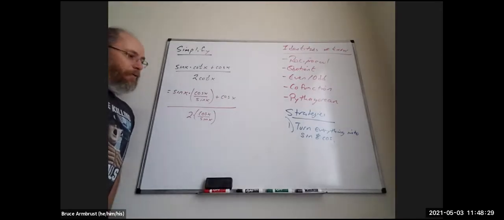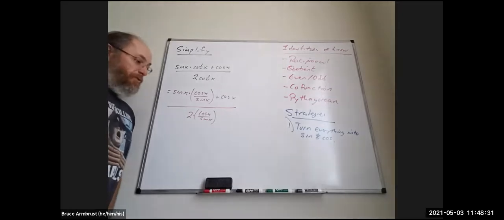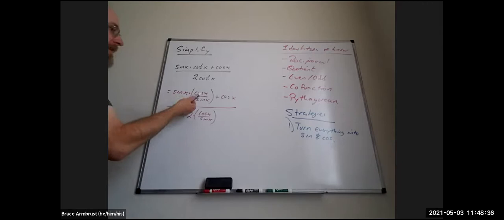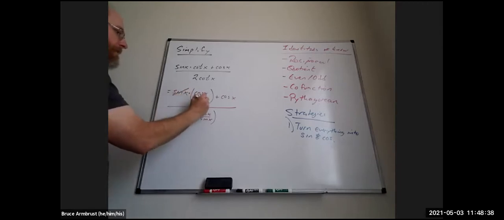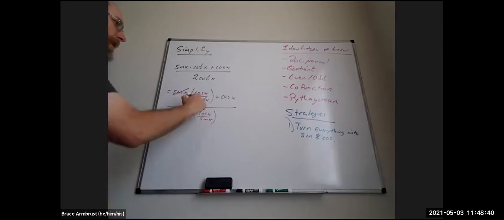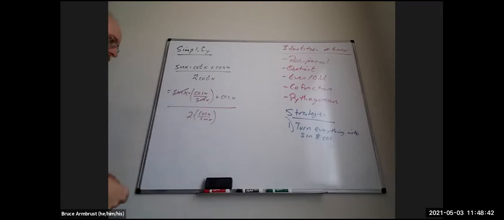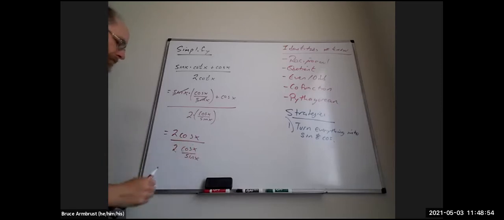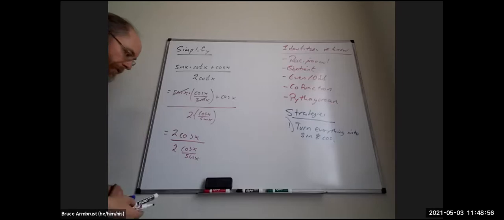All right, now we're going to be able to do some simplifying. Notice first here, I've got a sine divided by a sine, so those are going to cancel. So I've got cosine plus cosine, which is 2 cosine of x. On the bottom, I've got 2 cosine x over sine x. So now let's do a little bit more algebra.